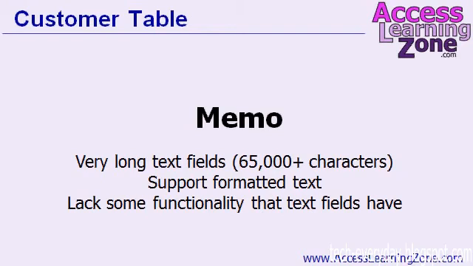Don't use memo fields for everything though, because they do lack some of the functionality that simple text fields have, and we'll talk about the differences in a future class. Essentially, for small bits of information like someone's name or their address or phone number, use a text field. If you have to type in lots and lots of information or formatted text, use a memo field.